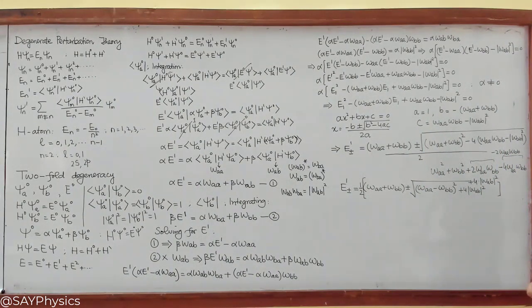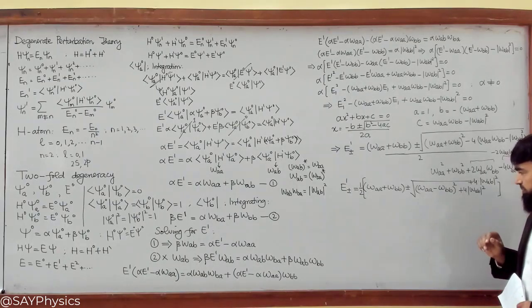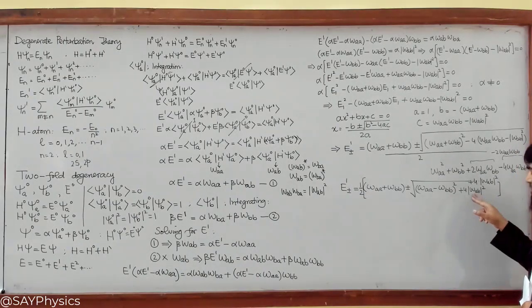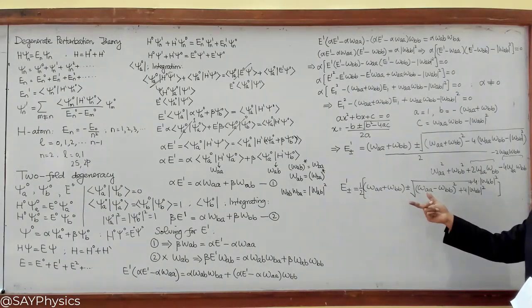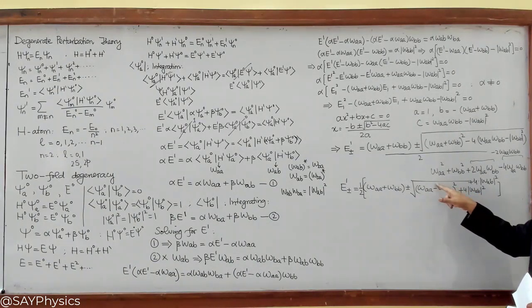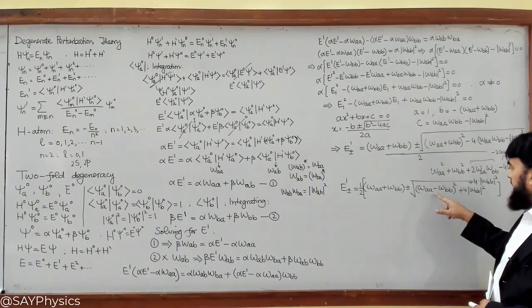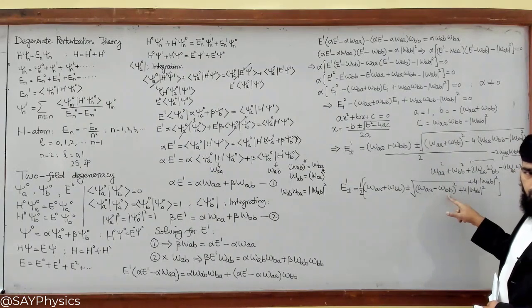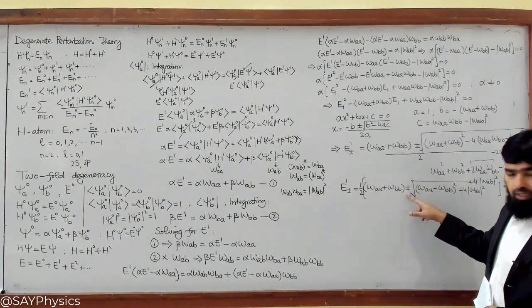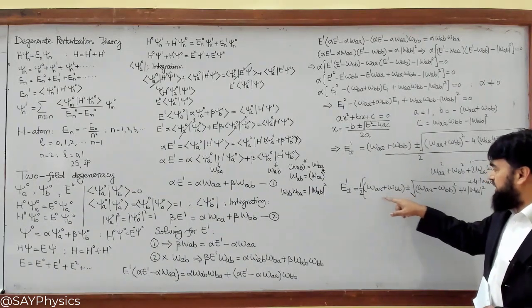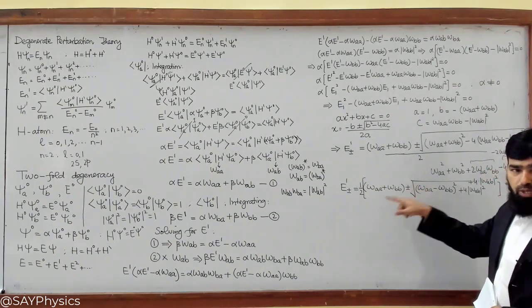So now what I found, look here, if WAB is equal to 0, for example, then it will come out, because the square will cancel with the square root and it is WAA minus WBB. So it will come outside. And it can be very easily simplified with a plus minus symbol.